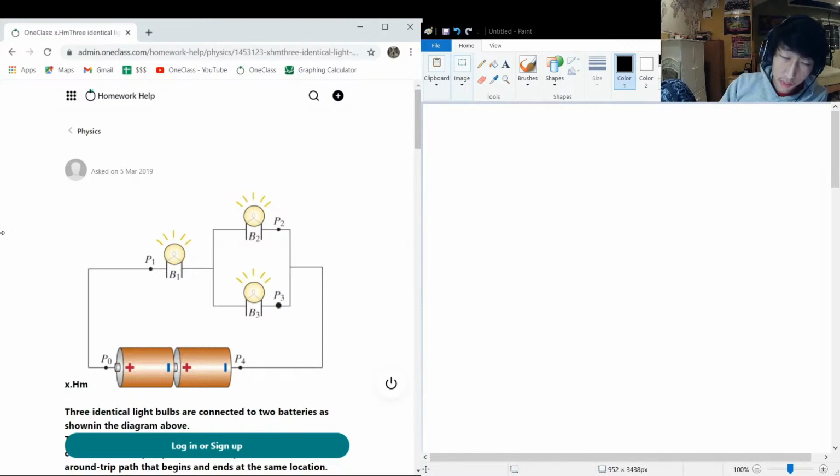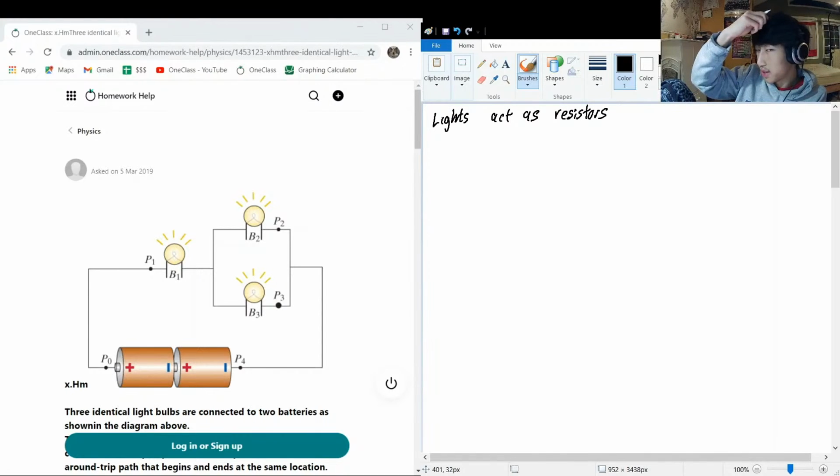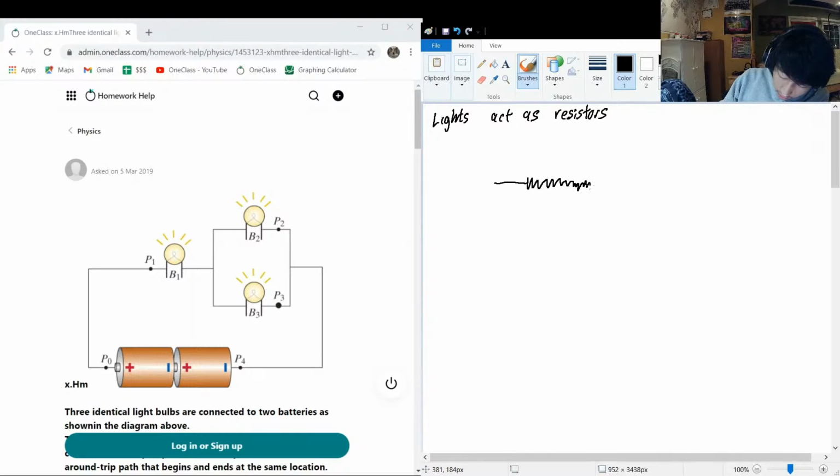We know that we have 3 identical resistors, or these lights; we can pretty much draw them as resistors. If current goes through them, they turn on and dissipate some energy, but they don't store any energy, so they're not storage elements. That's getting a lot deeper into electrical engineering, but it's out of the scope of this question.